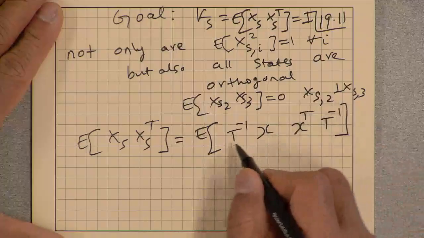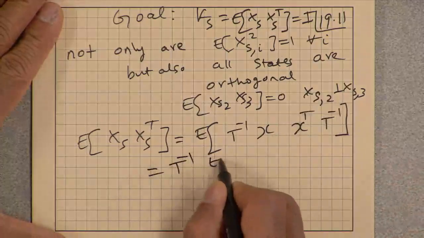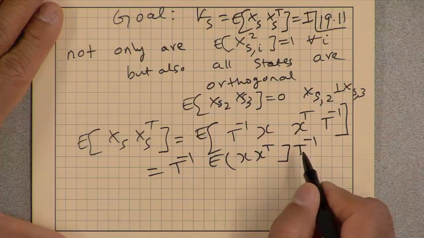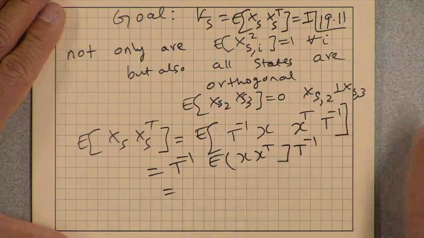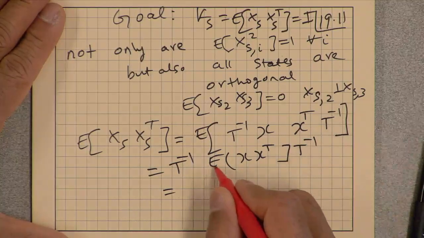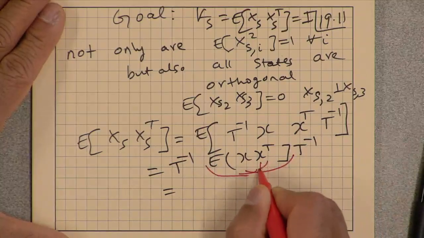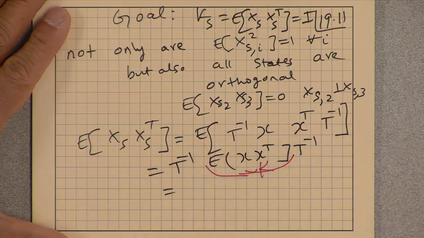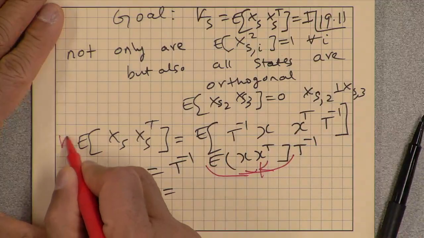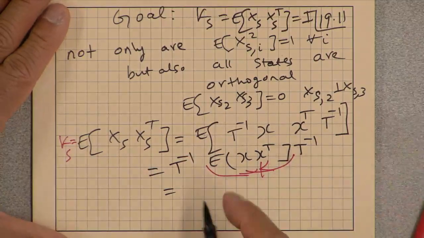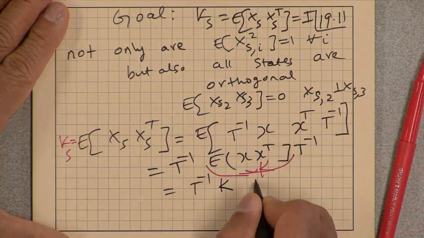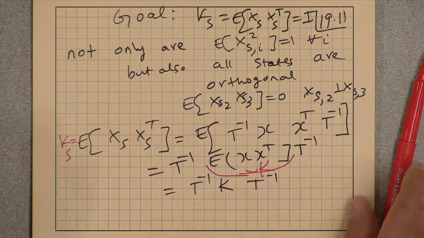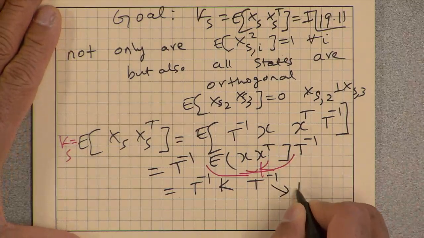So this is equal to T inverse times the expected value of x x transpose times T inverse, and by definition this is the original state space K matrix. So K of the scaled matrix is equal to T inverse times K times T inverse. Well, it should be T inverse transpose, but I am assuming T is diagonal.